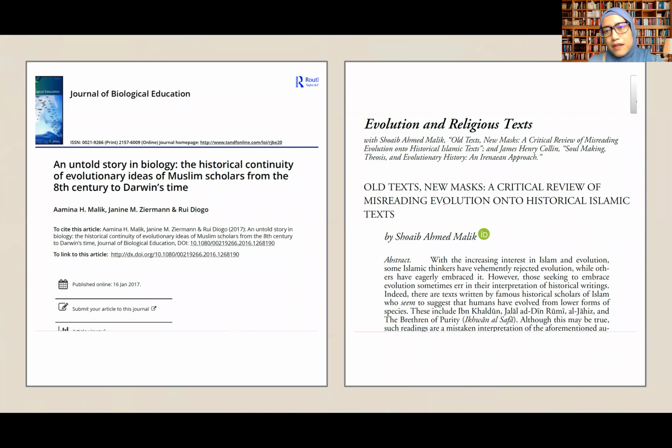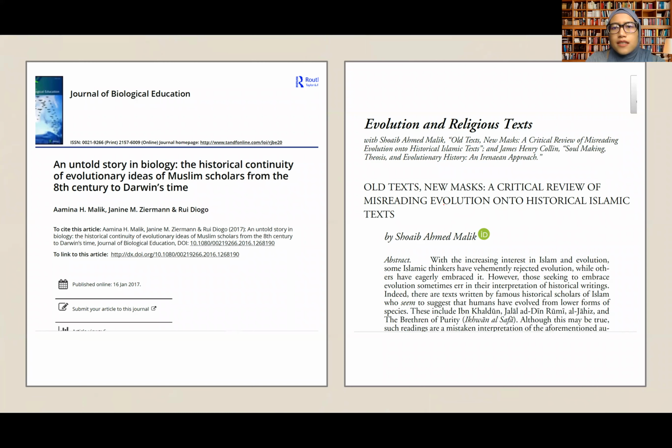Anyway, I believe that most of you in my class are of Muslim faith. So we will have a little bit of a clash with this idea of evolution, but I'm yet to read these two papers.